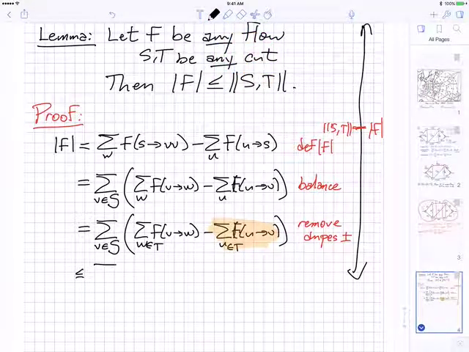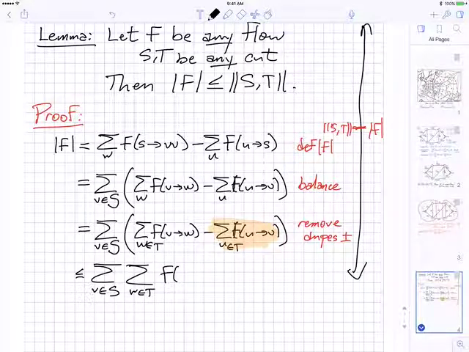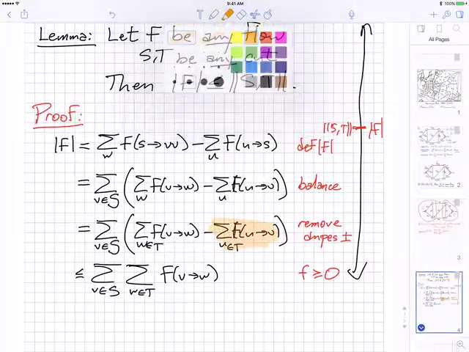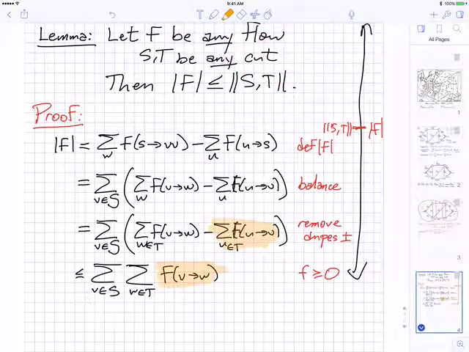So this is at most the sum over v in S, sum over w in T, of the flow from v to w. And the reason is that flow is always non-negative. On the other hand, I also know something about this flow value, which is that it must be less than or equal to the capacity of the corresponding edge.